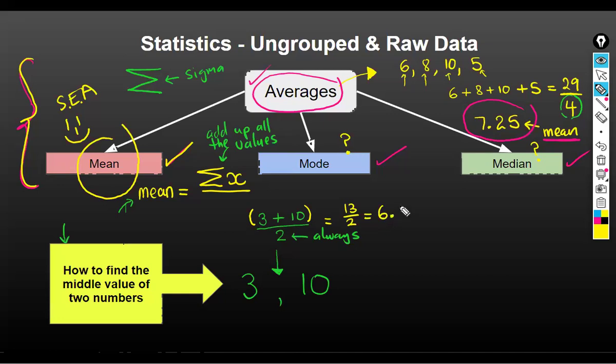Make sure you're seeing 6.5. The answer is not 6 and 7. The answer is 6.5. When you add 3 and 10 and you divide by 2, you get exactly 6.5. You can put the fraction or you can put the decimal. It's up to you.